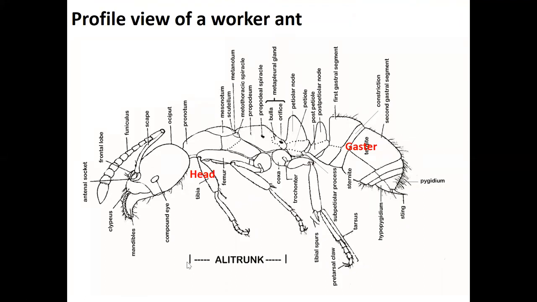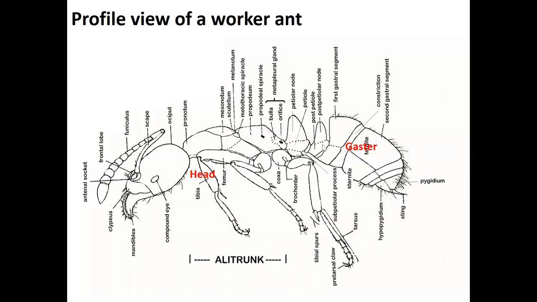From here to here, you see the alitrunk, and followed by the alitrunk, you see petiole and postpetiole. There can be this sort of node on the petiole and also another node on the postpetiole. So this is called petiolar node. This is called postpetiolar node.